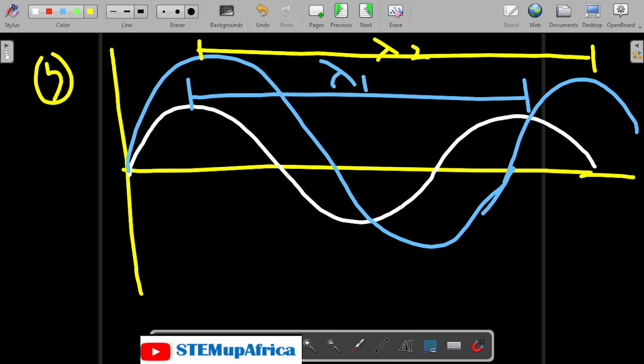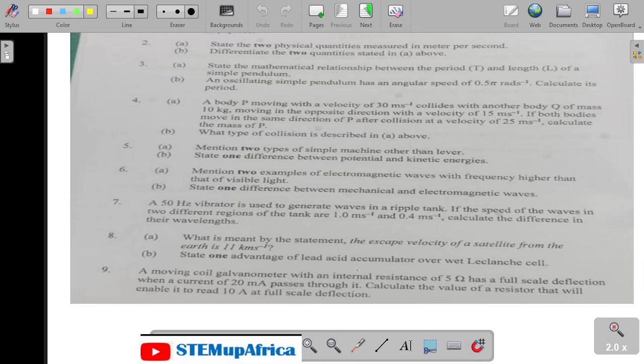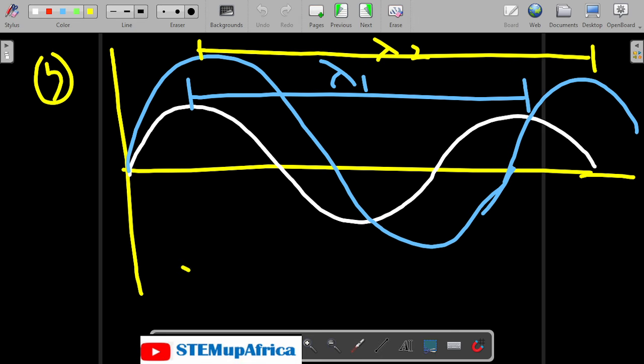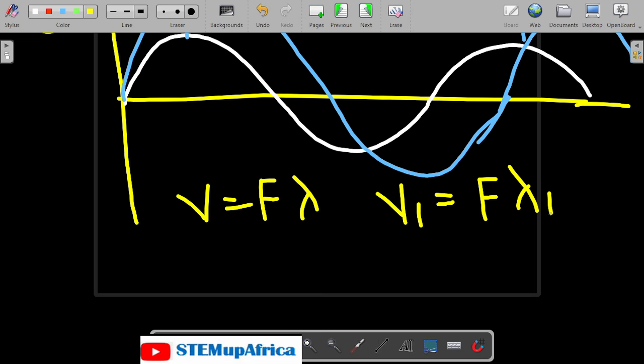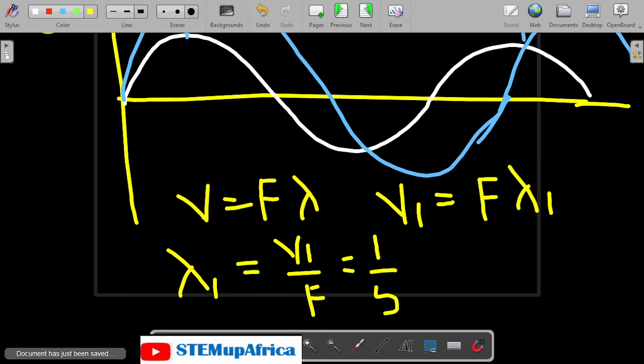You can see both of them will produce different amplitude. The velocity for lambda 1 is 1, for lambda 2 is 0.4. We know that v equals f lambda. So v1 equals f lambda 1. Frequency is constant, so my first lambda is v1 over f, which is 1 divided by 50.